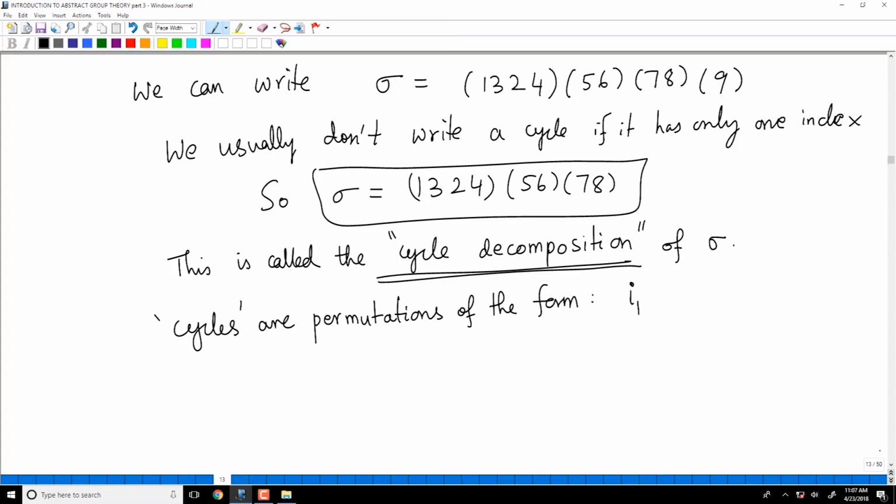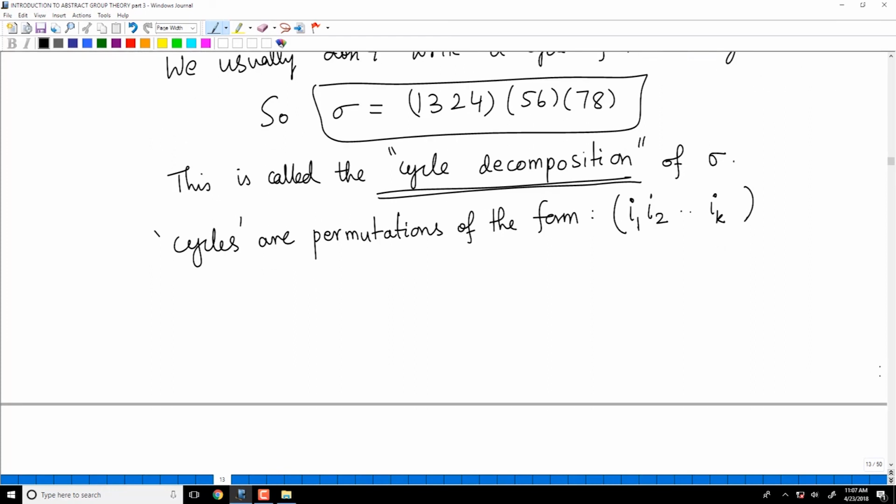So now let me introduce a general notation here. Okay, so this is a cycle. It has k indices. So this is a k cycle. So we call it a k cycle.